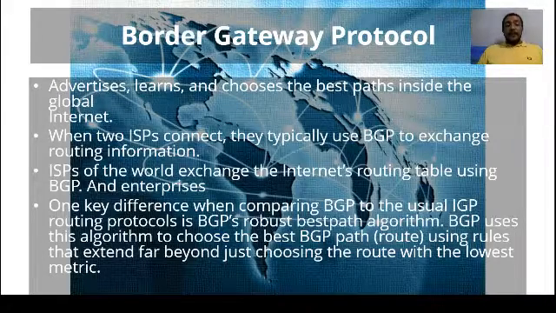One key difference when comparing BGP to the usual IGP routing protocols is BGP's robust best path algorithm. BGP uses this algorithm to choose the best BGP path using rules that extend far beyond choosing the route with the lowest metric. So, ang tawag natin doon are what we call path attributes.